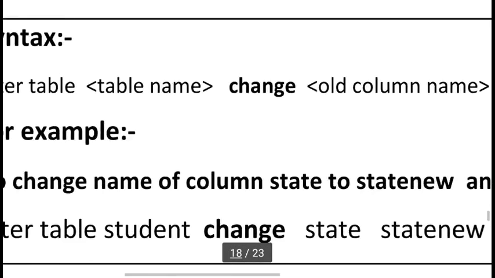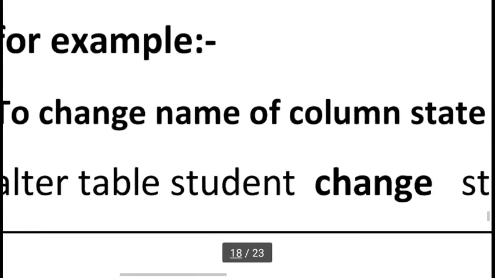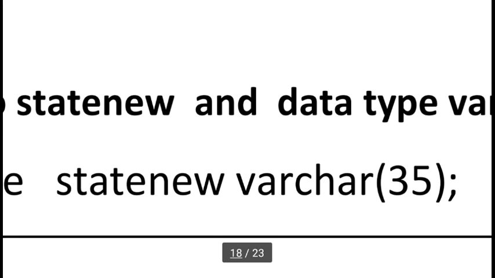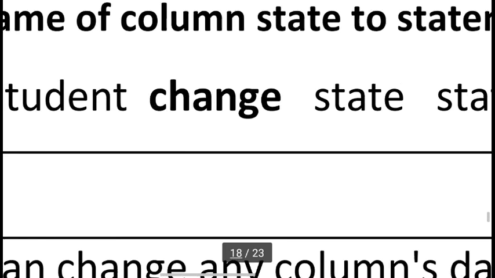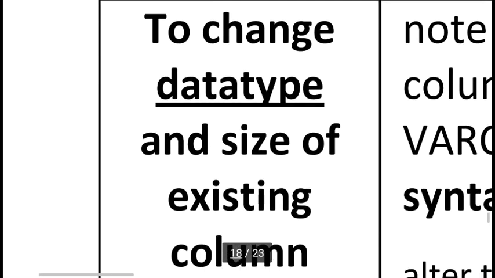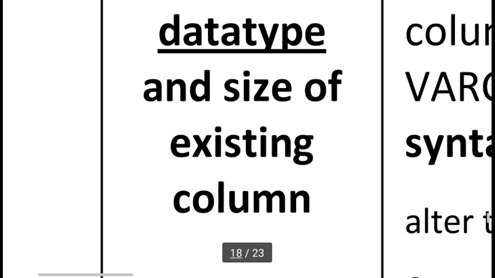So: ALTER TABLE student CHANGE state, where state is our old name, the new name is state_new, and the new thing is VARCHAR 35. This will increase the size of the state of every student.